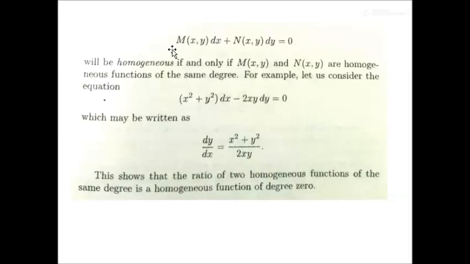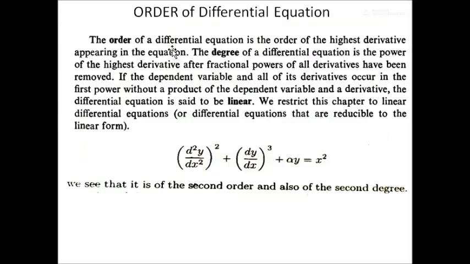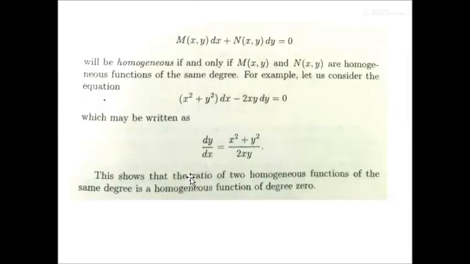So if you have any differential equation like this, you have to put this differential equation in this form, and if M(x) and N(x) are homogeneous functions, then the differential equation will be homogeneous.